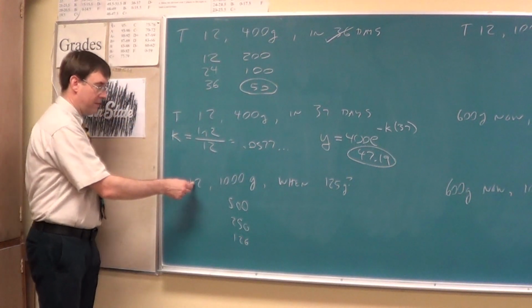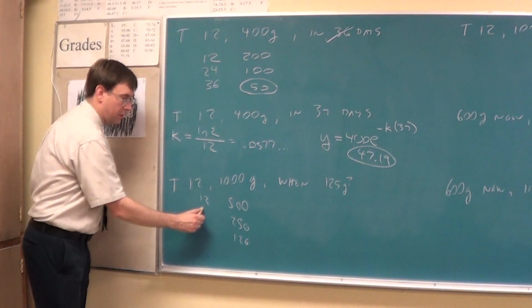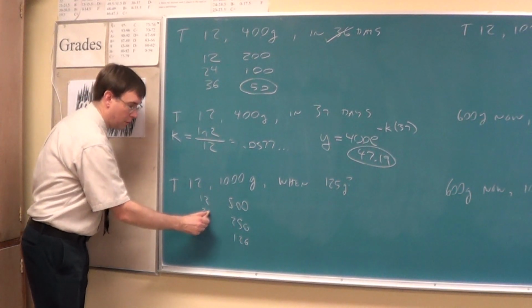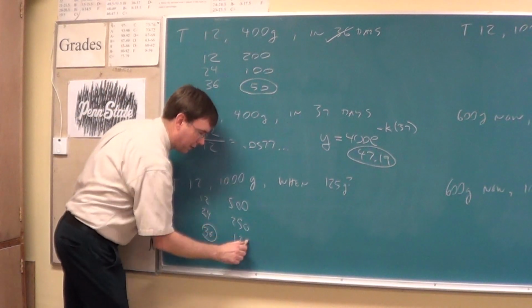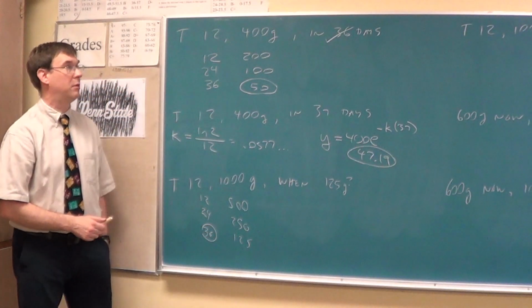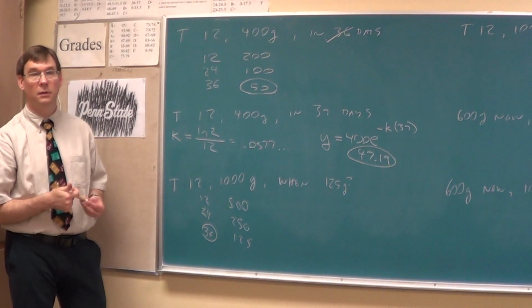So if our half-life is 12, this would have happened at 12, then 24, 36. Answer is 36. So that one just sort of worked.